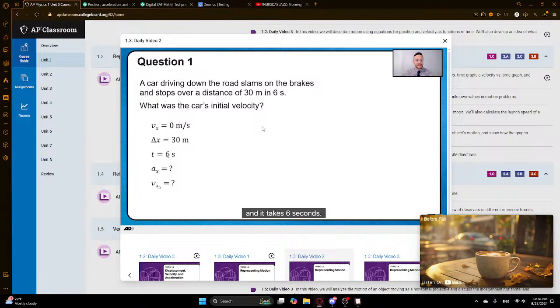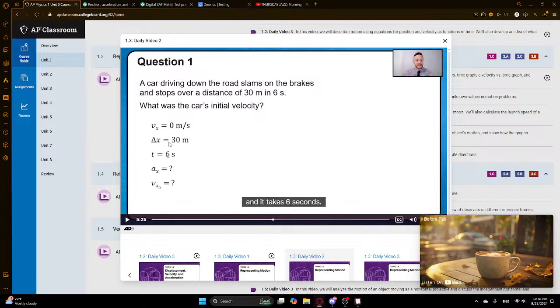Car initial velocity question. So they give us seconds. So I know these 3 pieces of information, but I don't know the acceleration, and I don't know the initial velocity.